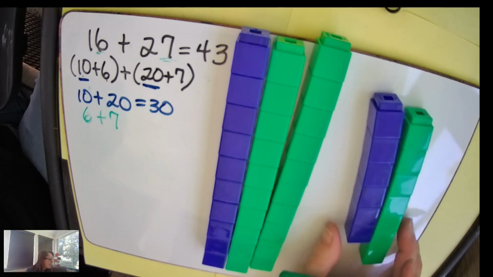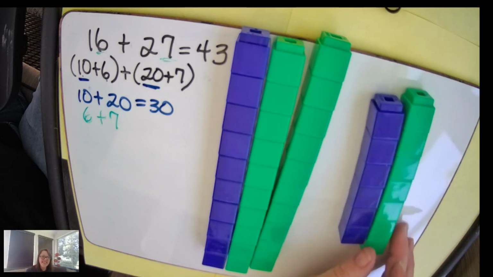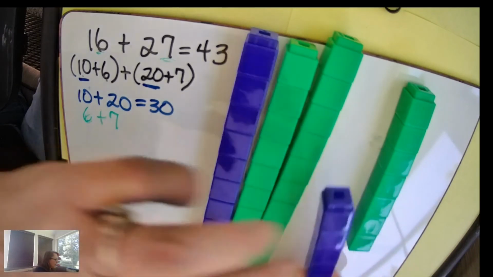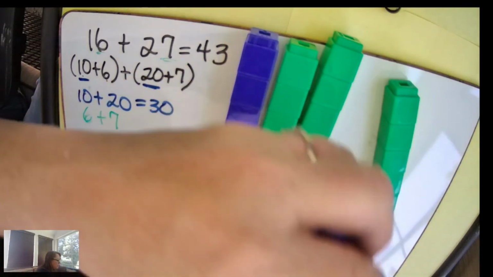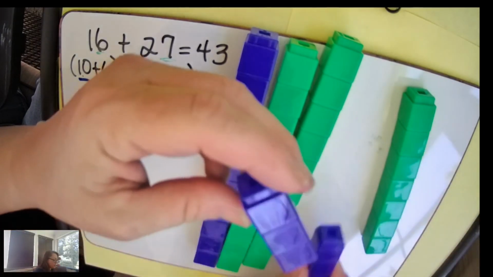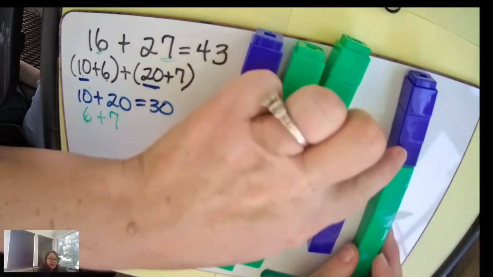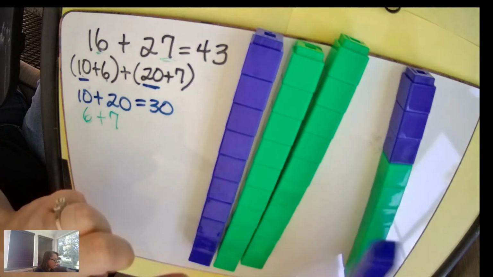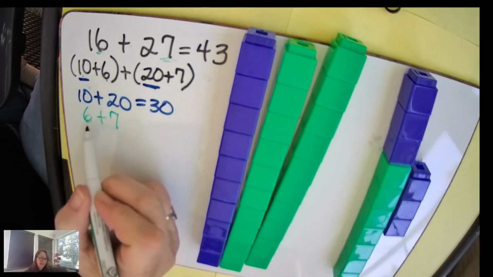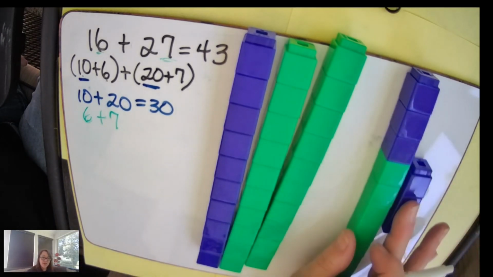Okay, Torian says that he used this 7, and he took 3 away from here to make a 10. So 1, 2, 3, 4, 5, 6, 7, 8, 9, 10, and 3 more. So 6 plus 7 was 10 and 3 more.